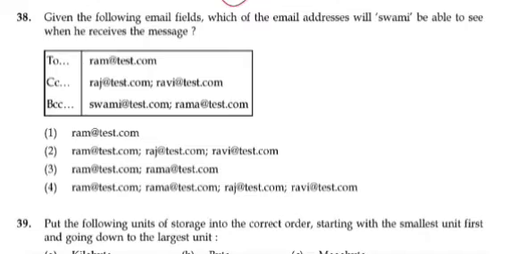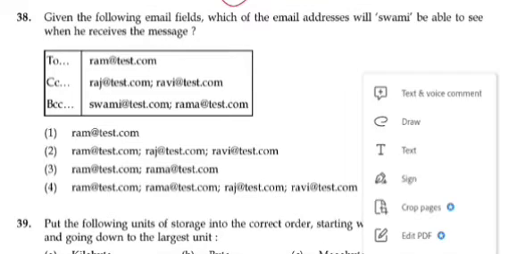Number 1 says ram@test.com. Number 2 ram@test.com; raz@test.com; ravi@test.com. Number 3 ram@test.com; rama@test.com. Number 4 ram@test.com; rama@test.com; raz@test.com; ravi@test.com. So choose one. It will be number 2.